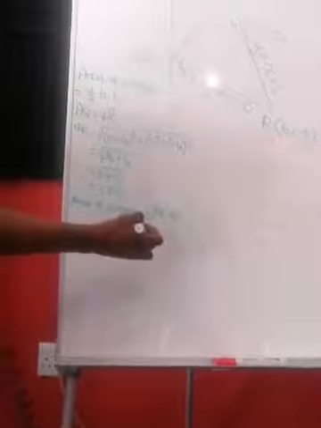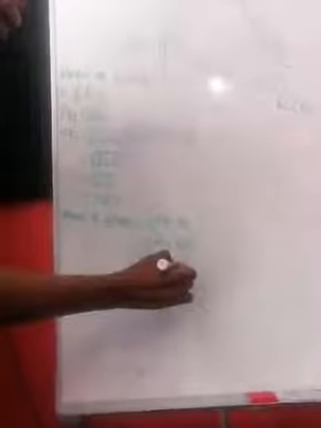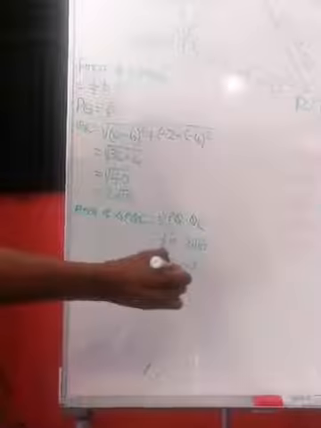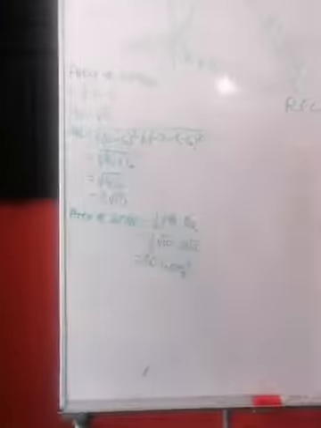So when I substitute, I have half of the square root of 10 multiply 2 the square root of 10. And then you calculate there, it's going to give you the area of triangle PQR as 10 square units. That is the area of triangle PQR.